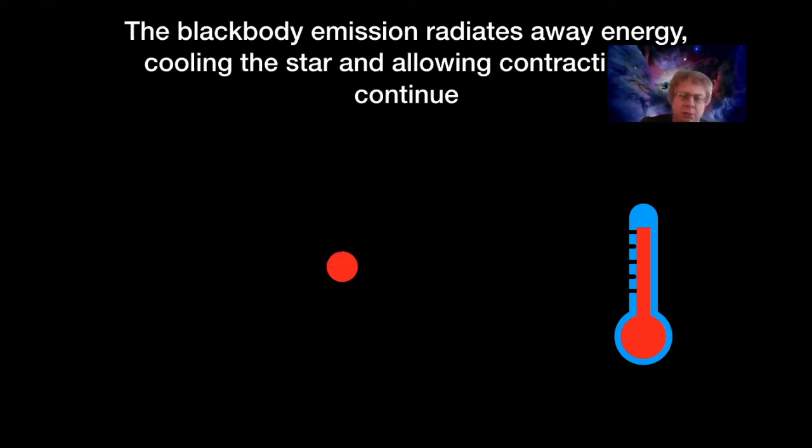And that will cool it down because it will have taken some of the energy that it was using to keep itself hot and hold itself up, and it's radiated that away into space via light. So the contraction continues, and it continues, at a relatively similar temperature for a while.